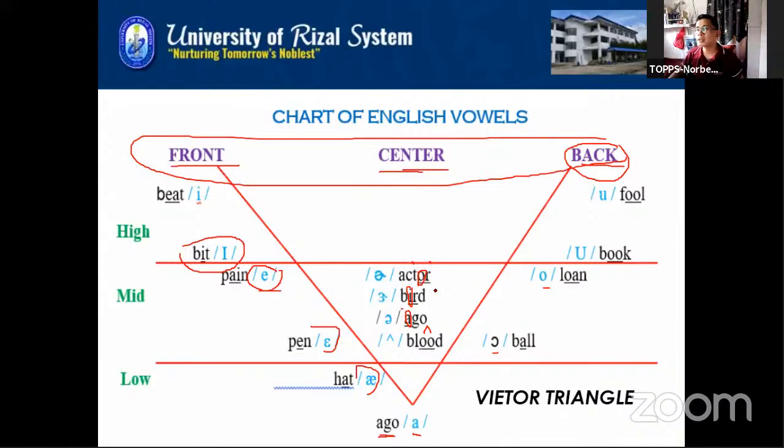But the good thing is that you have to be more particular on these sounds outside of this triangle: the E, the A, the U, O, and O. These are the most prominent sounds that we can hear in a certain word.